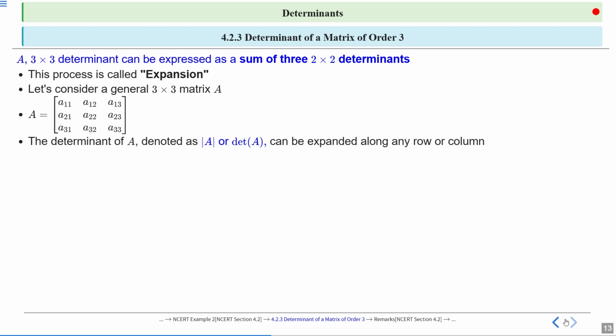Now the determinant of this matrix A, denoted as det A, can be expanded along any row or column. So we can take any row or any column and expand along it. There are 3 rows and 3 columns, so we can take any of these to find the value of the determinant. Let's see how we calculate this. First we expand along the first row R1, that is A11, A12, A13.